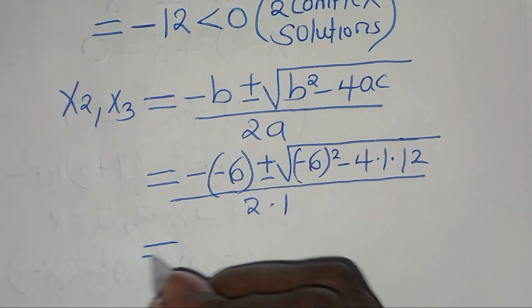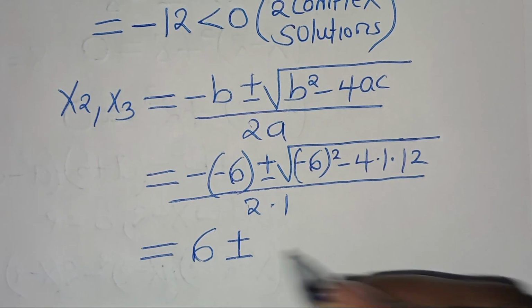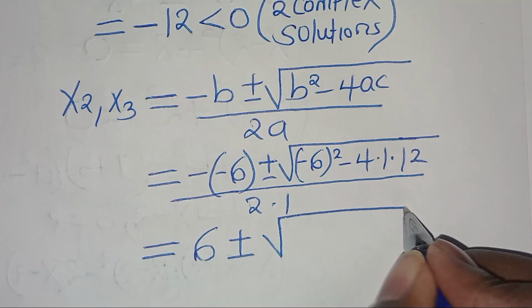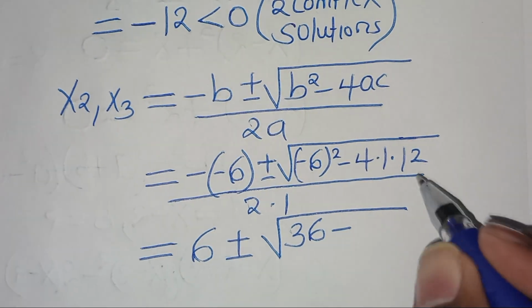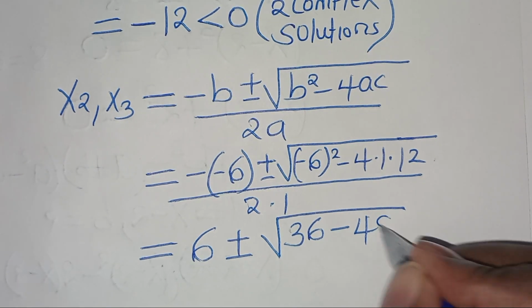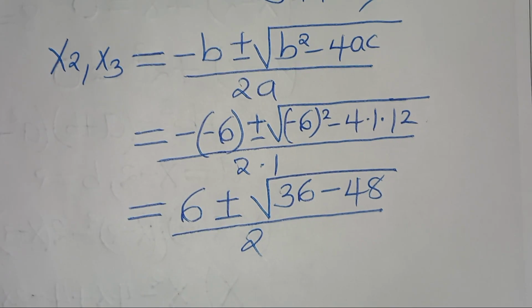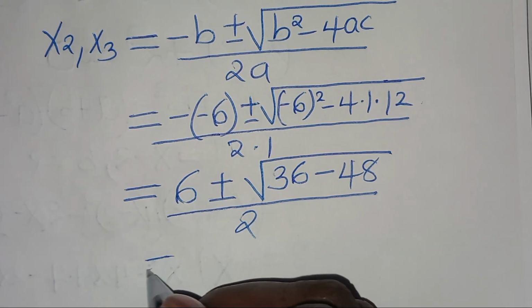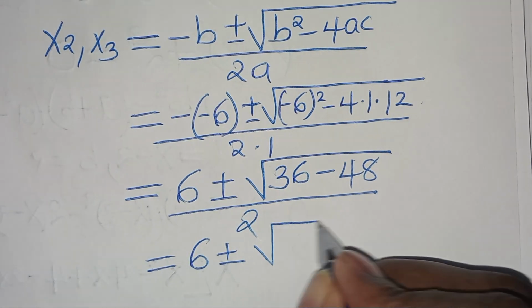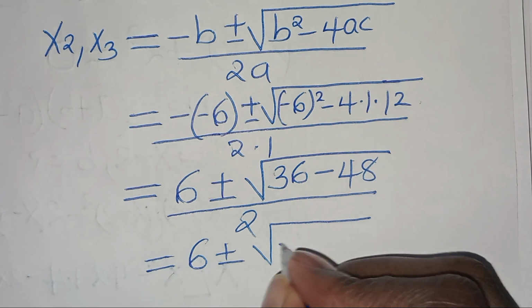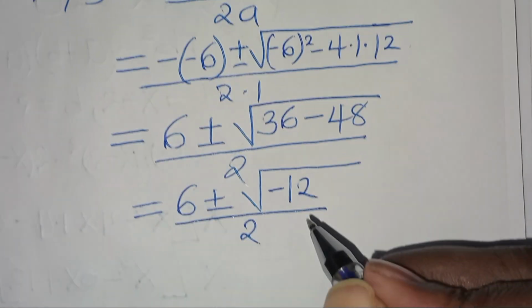So this is equal to 6 plus or minus the square root of 36 minus 48, this is -12, everything here divided by 2.